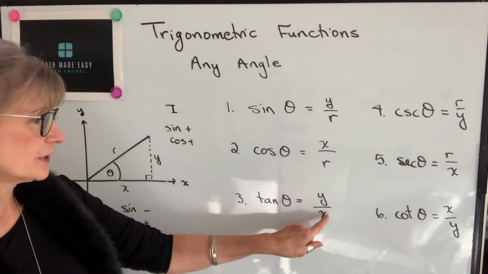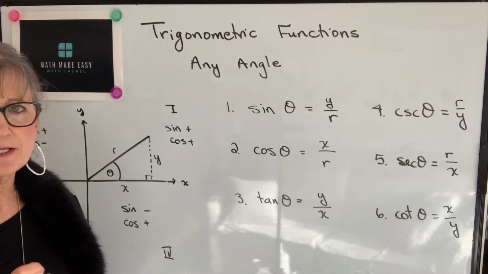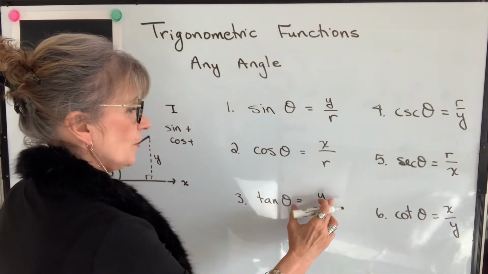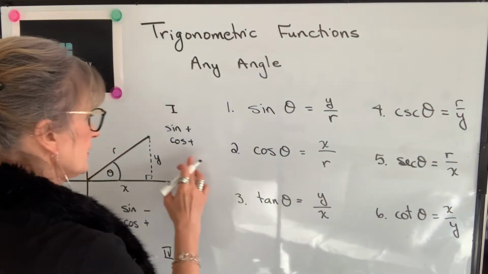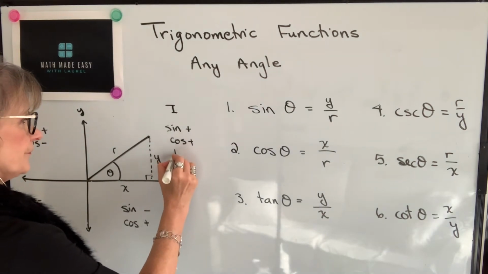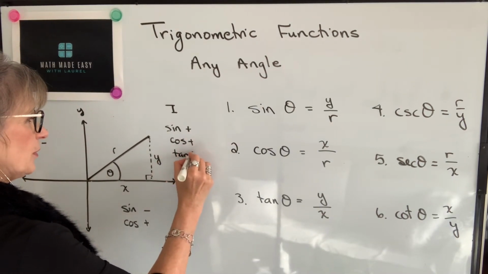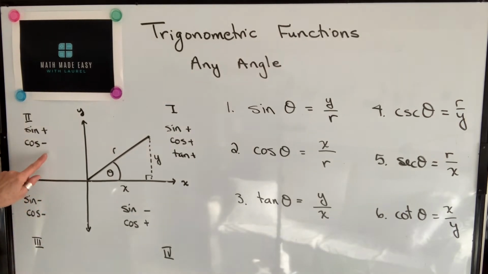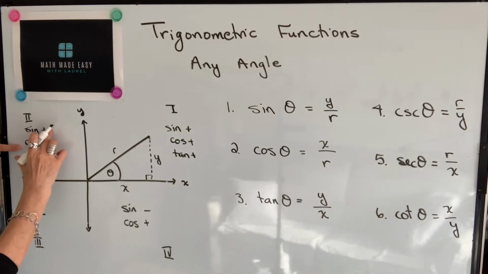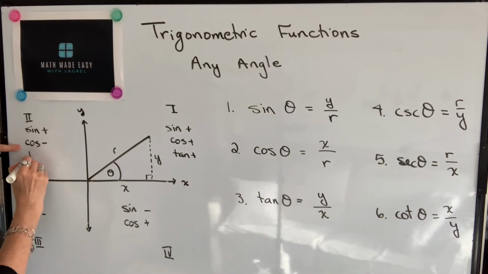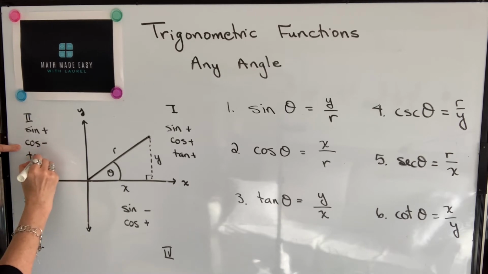The tangent ratio depends on the value of x and y. So, if x and y are both positive, which they are in quadrant 1, tan will be positive. In quadrant 2, y is positive, x is negative. So a positive divided by a negative will be negative.